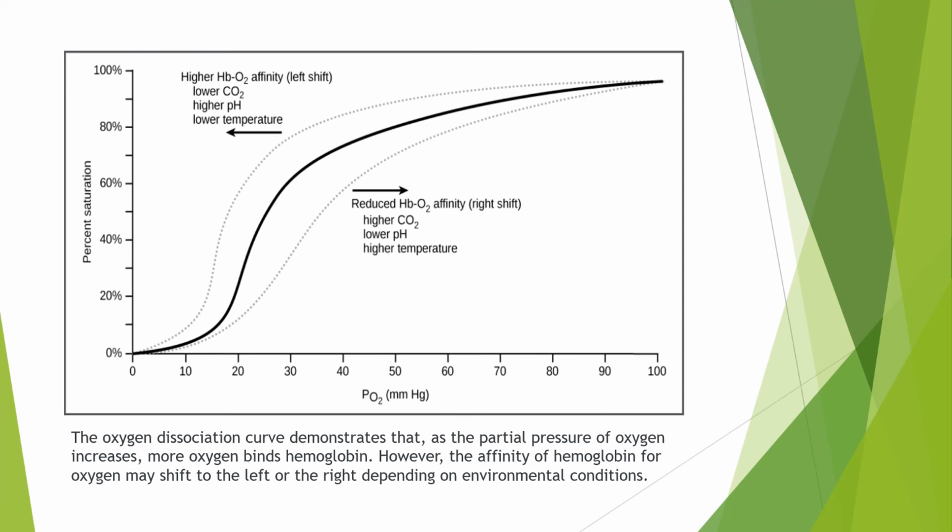The oxygen dissociation curve demonstrates that as the partial pressure of oxygen increases, more and more oxygen binds to the hemoglobin. And vice versa, the affinity of hemoglobin for oxygen may shift to the left or to the right depending on different environmental conditions, such as higher partial pressure of carbon dioxide, low pH, and increase or decrease in the temperature.